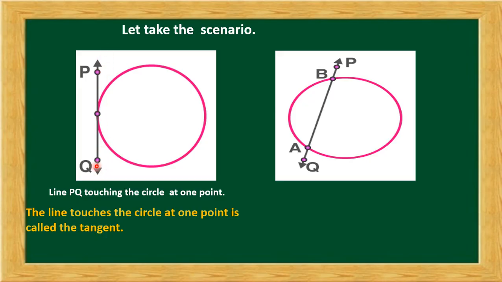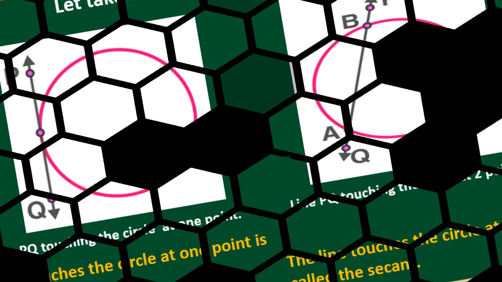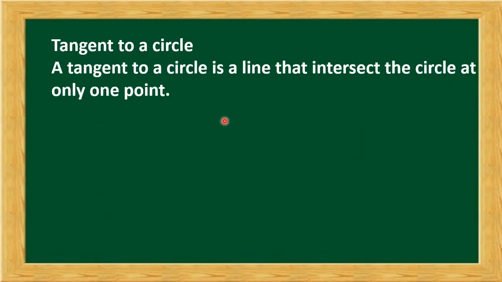The line that touches the circle at 1 point is the tangent. Now in this one, line PQ touches the circle at 2 points, that is A and B. So the line that touches the circle at 2 points is called the secant. A tangent to a circle is a line that intersects the circle at only 1 point.